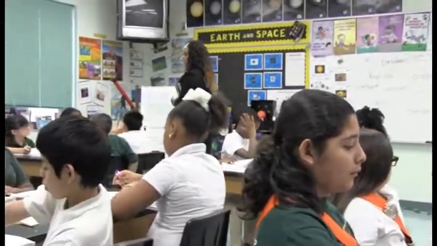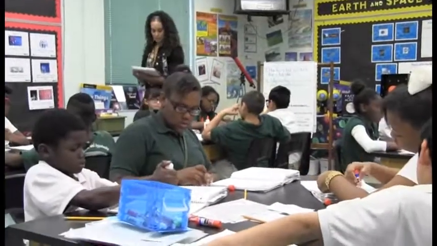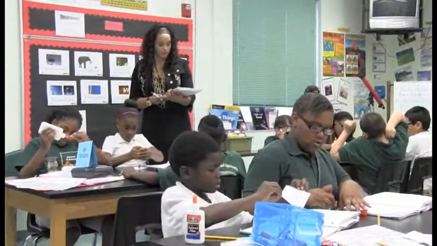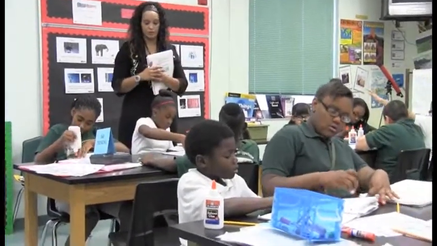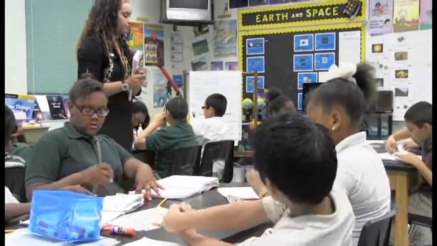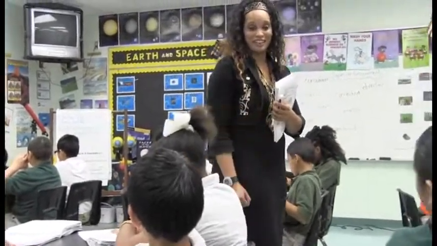A food web takes up the whole entire page. You're going to use pictures and words to describe how energy in food chains and food webs flows through an ecosystem. So go ahead and start drawing that out. Draw it out. Yes, I have to make sure you understand. You do it as a group.